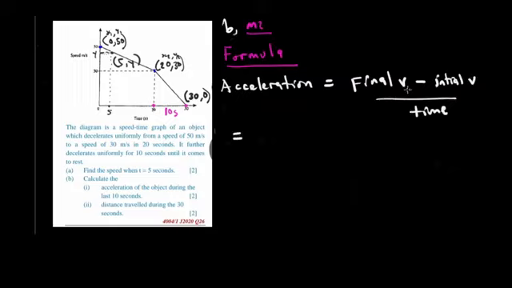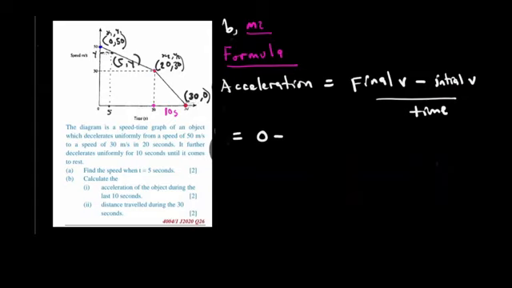So what is the final velocity? The final velocity is this point, which is actually 0. So the final velocity is 0, subtracting the initial velocity. The initial velocity is this point, because remember, it's the last 10 seconds.